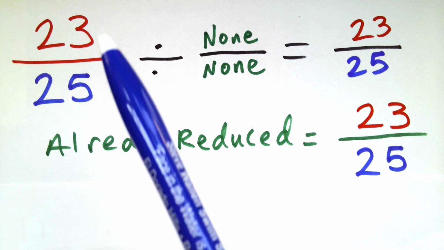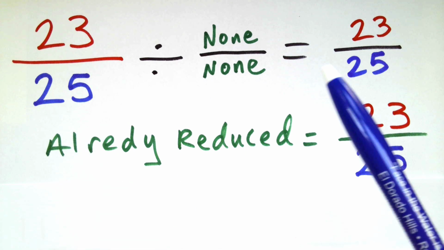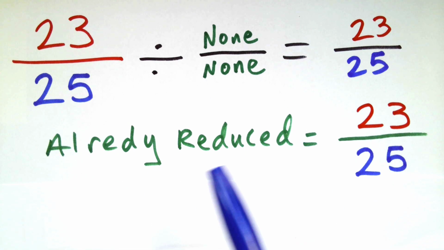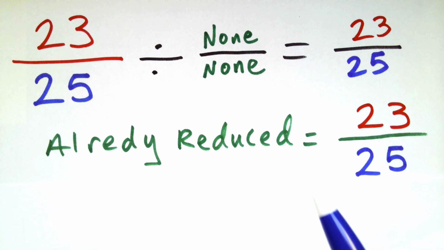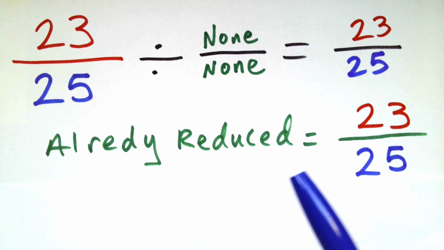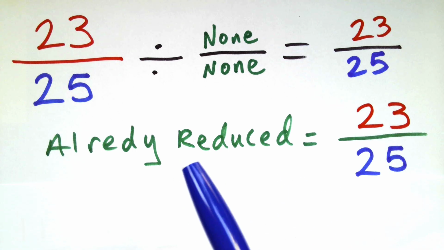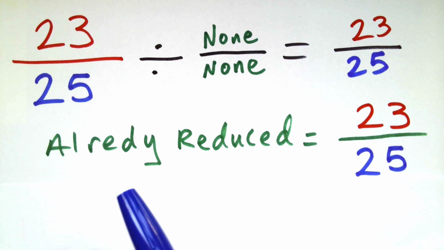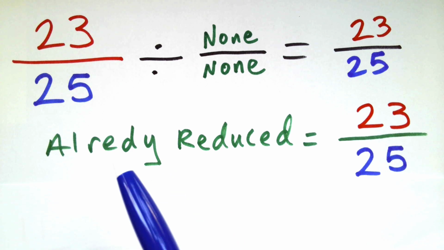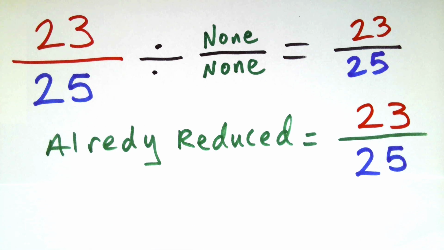Only 1 will divide evenly into top and bottom, and that doesn't reduce our fraction. It leaves the fraction the same. So this fraction is already reduced. A lot of times you will look at a fraction and think, can I reduce this? And that's the criteria: if only 1 will divide evenly into the top and the bottom of the fraction, it's already reduced.